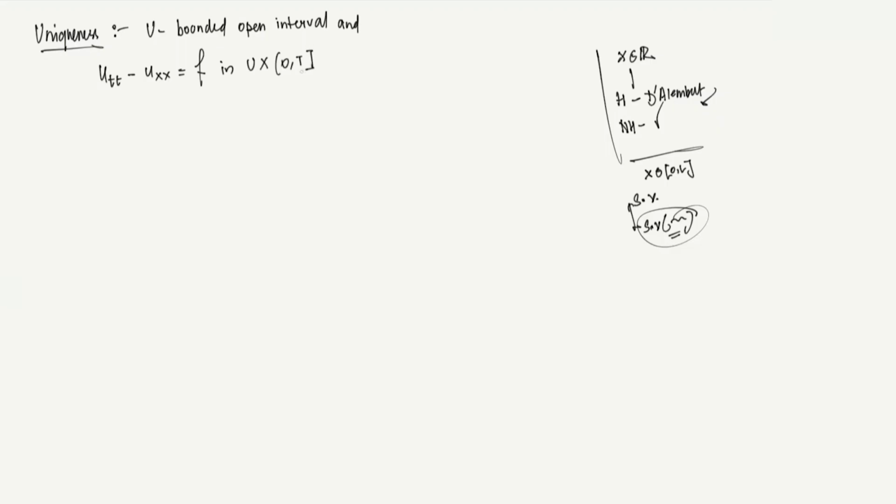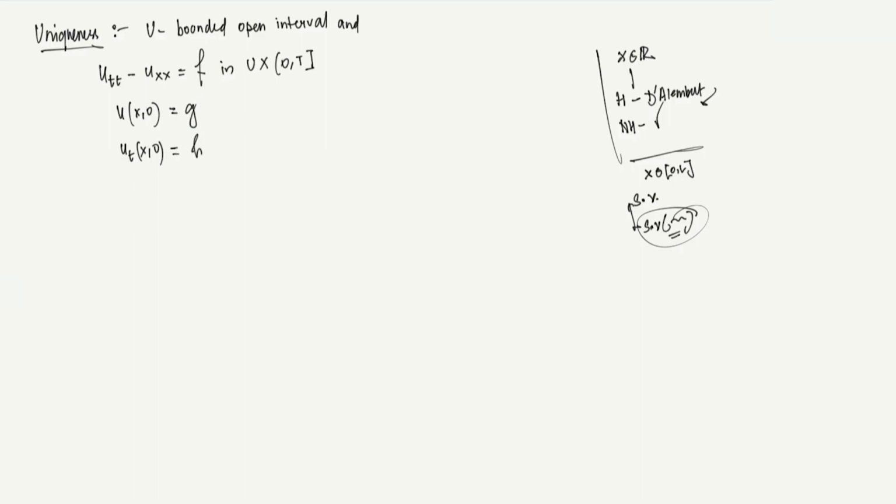So I am doing it for a bounded domain. Let me just put it here first: u at (x, 0), let's call it g, and u_t at the point (x, 0), so the initial data are g and h.